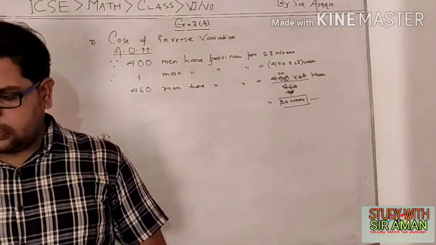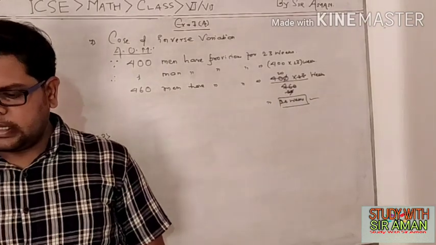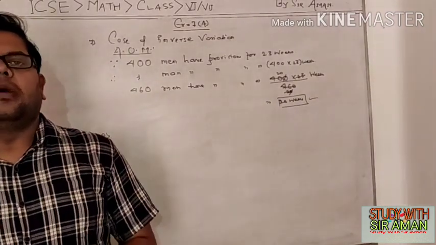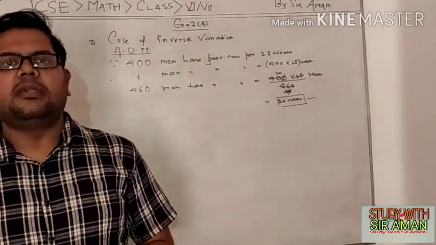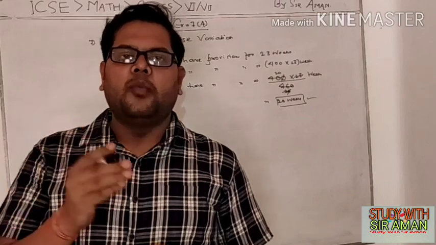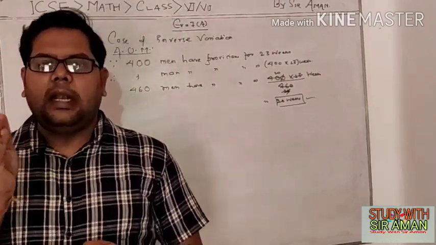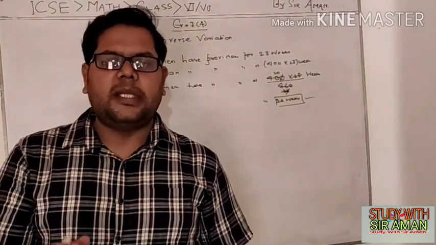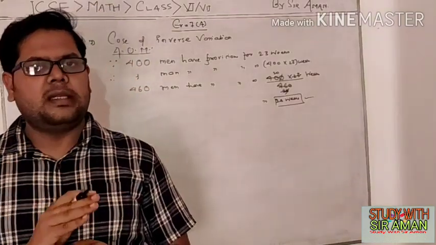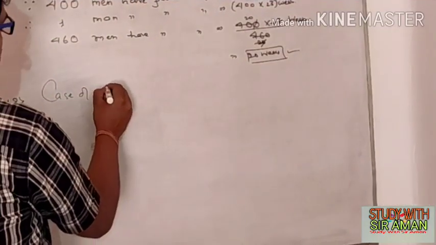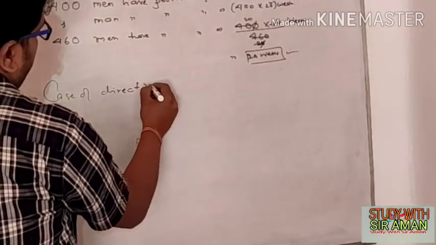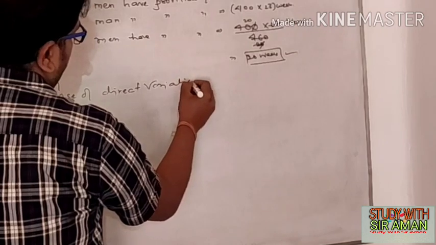What is the question now? What will be the fare for 36 kilometer? It means the more distance we cover, the more money we have to give. The less distance we cover, the less money we have to give. Which variation is this? It is direct variation.